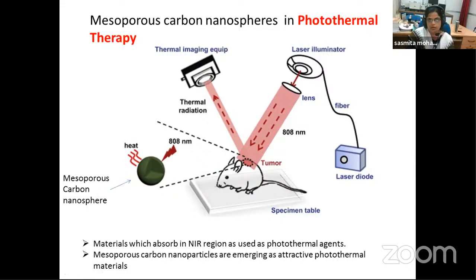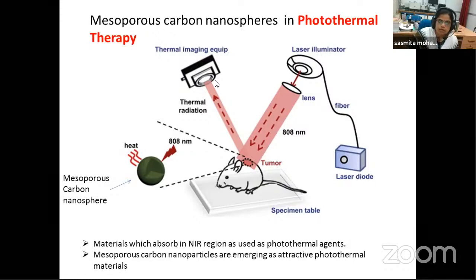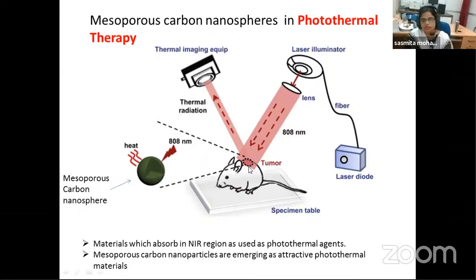For example, certain cancer cells cannot survive beyond 45 degrees. That varies from cancer to cancer. If you expose this with laser light, then in that particular area the killing effect may be induced. That is called photothermal therapy.